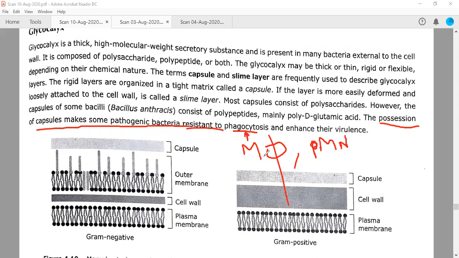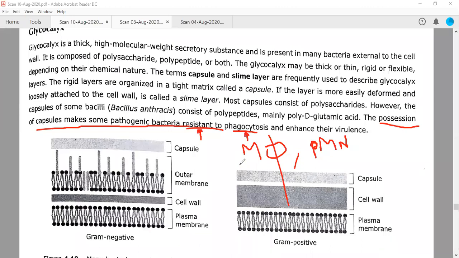Suppose this macrophage is going to engulf some bacteria, but this capsule or slime layer or glycocalyx layer will not allow the macrophage to engulf that bacterial cell. So it is making that bacteria resistant to phagocytosis.